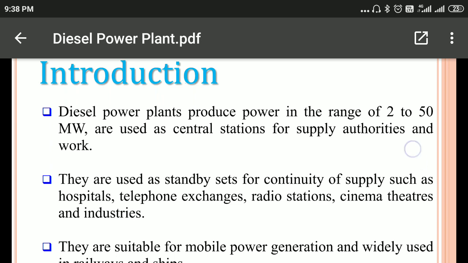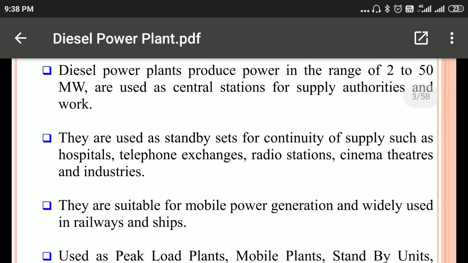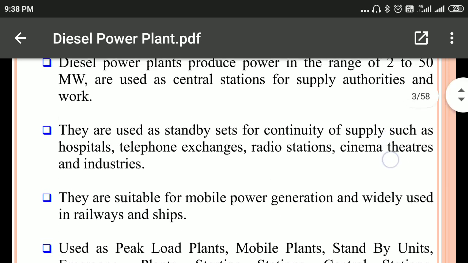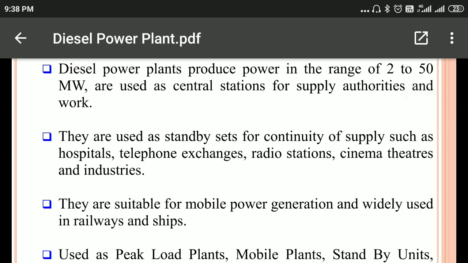Again, it can be used as standby sets for continuous supply, such as for hospitals, telephone exchanges, radio stations, cinema theaters, industries, and educational buildings. Because if there is a power failure, an alternate arrangement is needed for quick response, and there will be the diesel power plant.